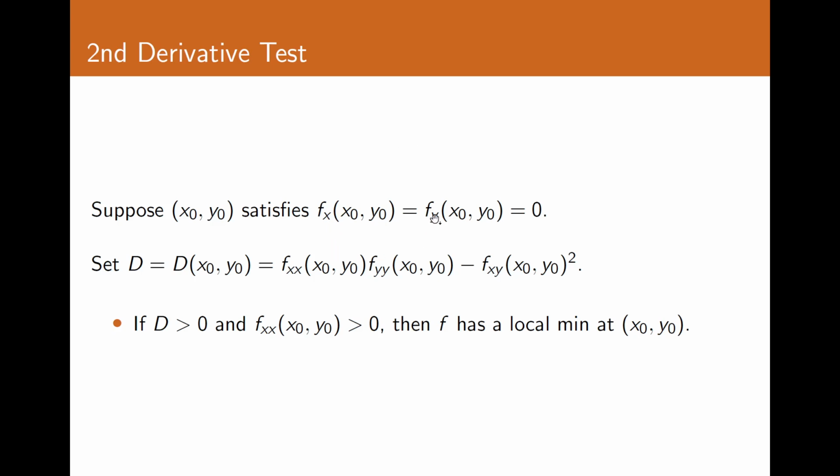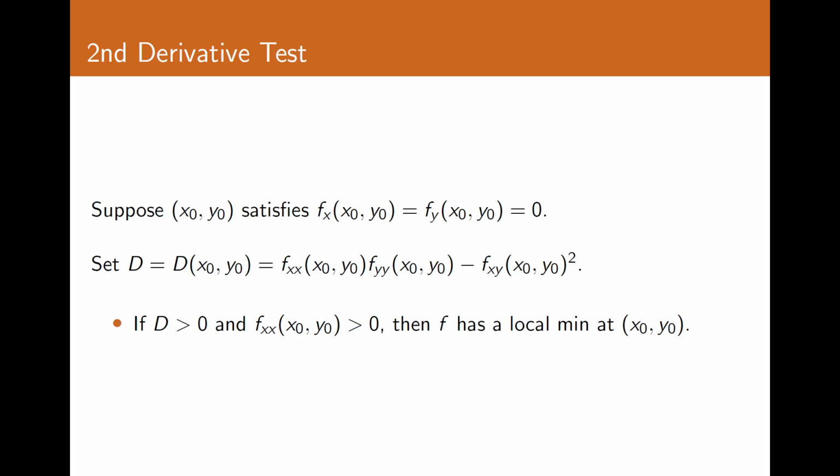If we have the situation where D is bigger than 0 and the second derivative with respect to x both times is bigger than 0, then f has a local minimum at that point. There's nothing special about f_xx. You could also use f_yy here. You can't use the mixed partial derivatives, but you can use either f_xx or f_yy. I just phrased it with f_xx because that's how most textbooks do.